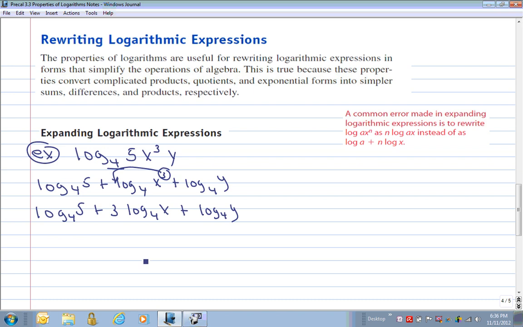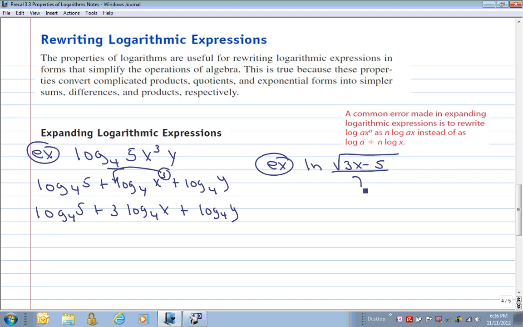Now, let's take one that's a little bit different with a natural log. I'm going to go over here to the side and we'll do a second example. This example is natural log, ln, of the square root of (3x minus 5) divided by 7, a little bit more complicated.